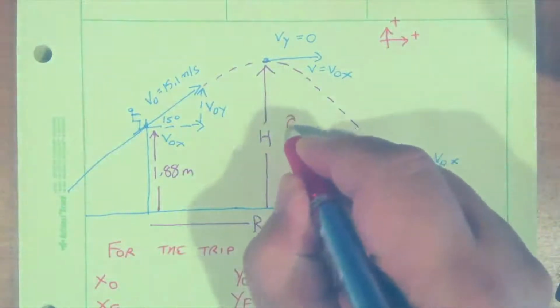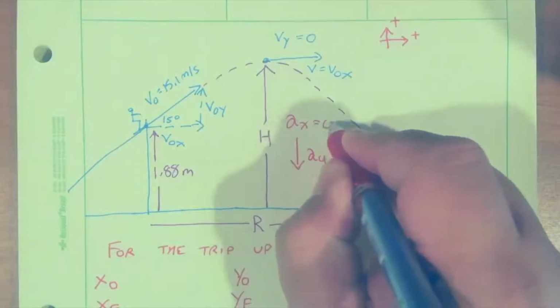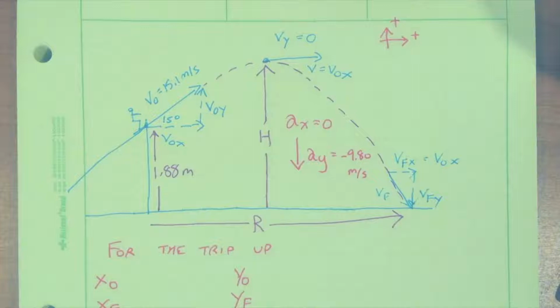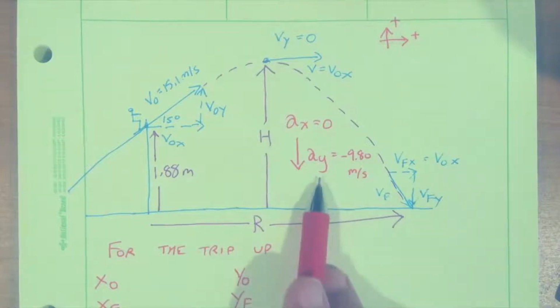Remember that her acceleration in the x direction is going to be 0 because there are no forces acting on her in the x direction if we neglect air resistance. And no net force means no acceleration. There is a net force in the y direction from gravity, and so she has an acceleration in the y direction, the acceleration due to gravity.